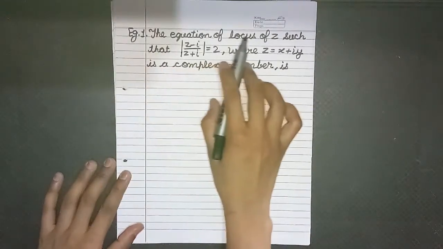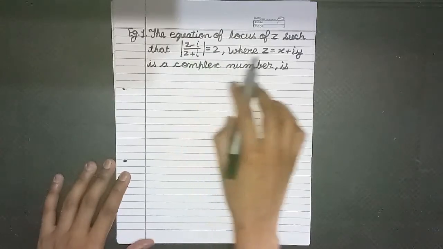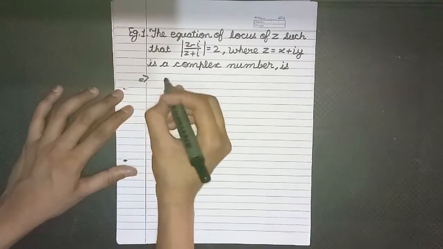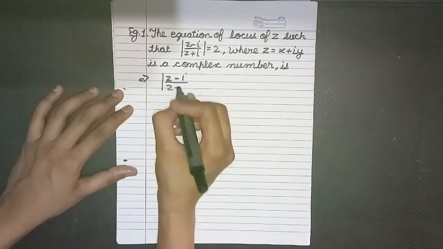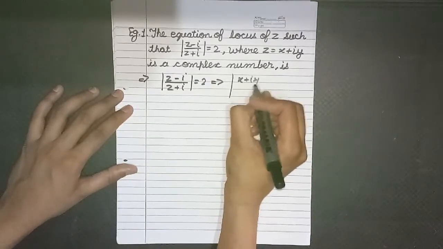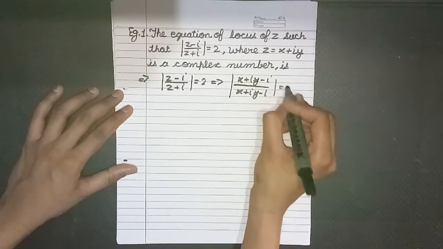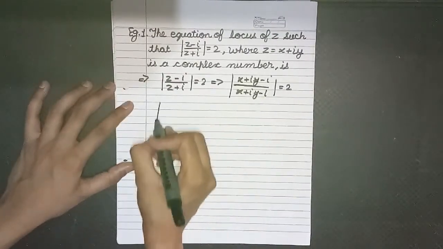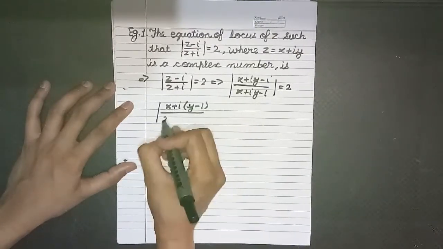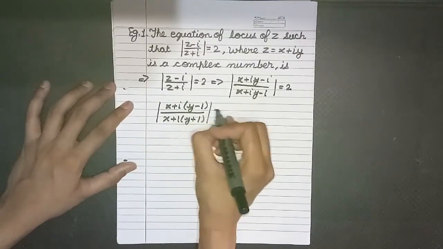Example 1: the equation of the locus of z such that modulus of (z minus i) by (z plus i) is equal to 2, where z equals x plus iy is a complex number. So let's start. We have modulus of (z minus i) by (z plus i) equal to 2. Let's put (x plus iy minus i) by (x plus iy plus i) equal to 2, so (x plus i(y minus 1)) by (x plus i(y plus 1)) equal to 2.